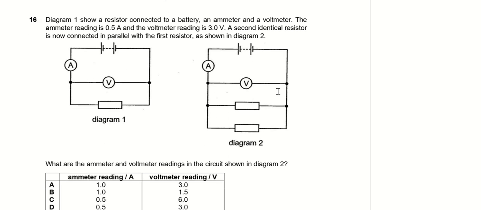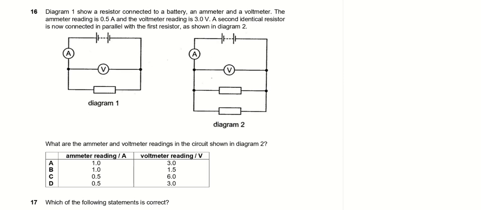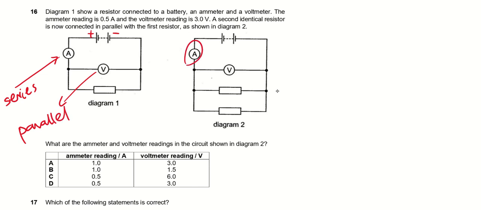Diagram 1 shows a resistor connected to a battery, an ammeter and a voltmeter. Just to recap, the ammeter must be connected in series, and the long side of the battery is plus, the shorter side is minus, and the voltmeter must be connected in parallel. So we see that the ammeter and voltmeter are both connected correctly. The ammeter reading is 0.5 ampere in diagram 1.